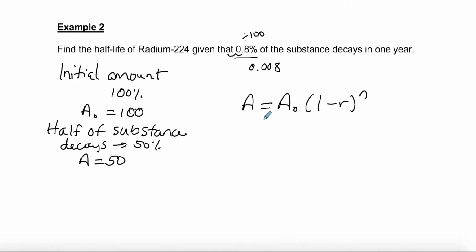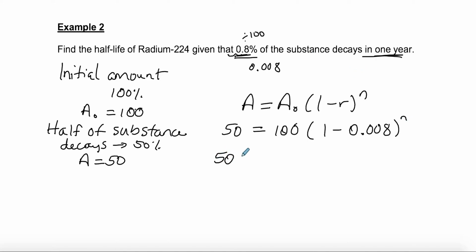So our formula for exponential decay: our final amount is 50, our initial amount could be 100, and then we know that it's decreasing by 0.8%, so 0.008. But what we're trying to find in this question is how long that would take.